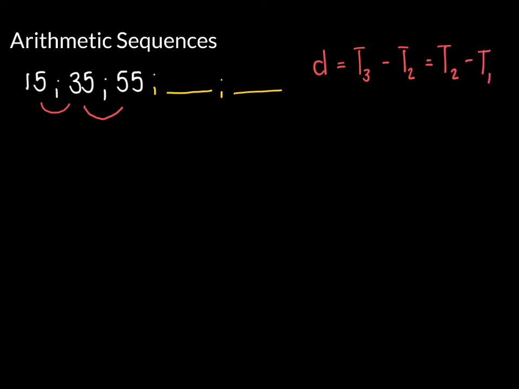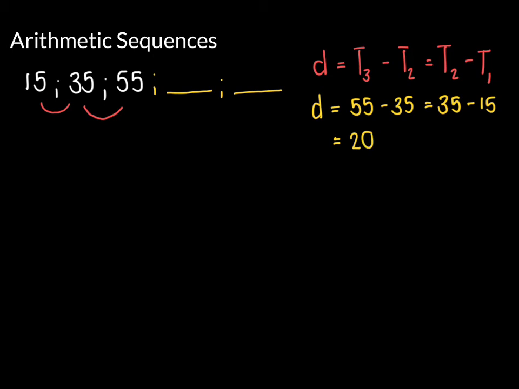And you can use the information that they've given us here to figure this out. So we know our common difference is going to equal 55, which is our T3 here, minus T2, which is 35, should also be equal to T2, which is 35, minus our first term, which is 15. And we'll see that the difference between both of these is exactly 20.